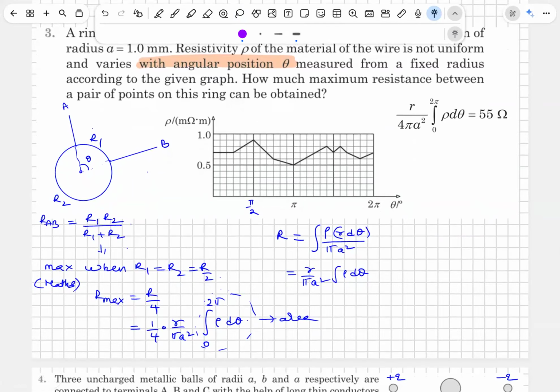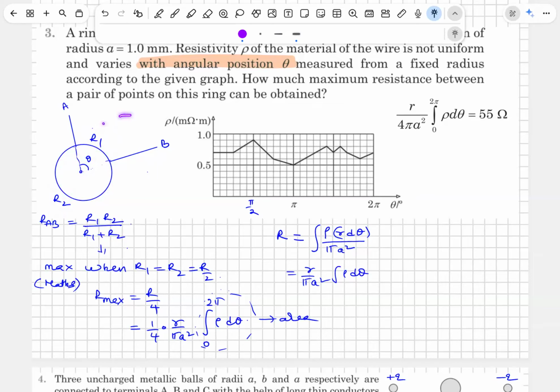How much maximum resistance between a pair of points on the ring can be obtained? First of all, forget about what is given. If we have a ring, and say this makes an angle theta like this, and this portion is having resistance R1, and this portion is having resistance R2, their parallel combination across AB will be R1 R2 by R1 plus R2.